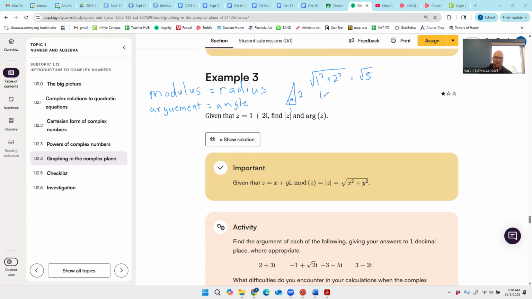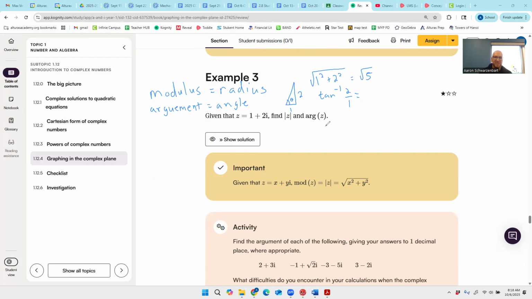I'll get the angle with an inverse tangent. Does that kind of make sense?